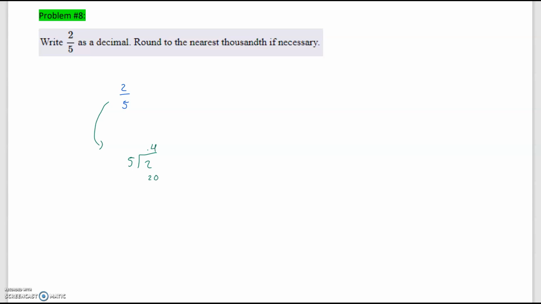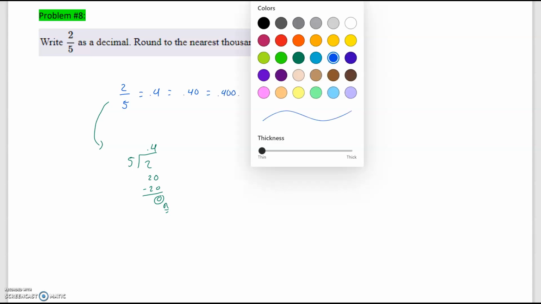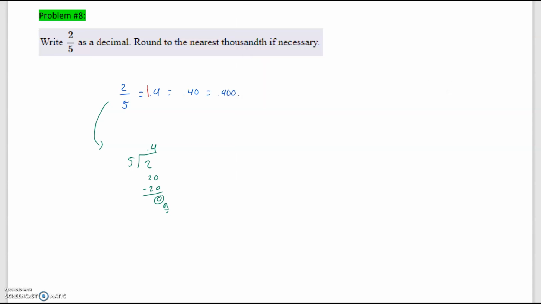And in this case, 5 times 4 is equal to 20. When you do the subtraction, you're going to get a remainder of 0. So in this case, 2/5 is equal to 0.4 or 0.40 or 0.400 if they want you to do that. We typically would just write it as 0.4 since the rest of the values are just 0.